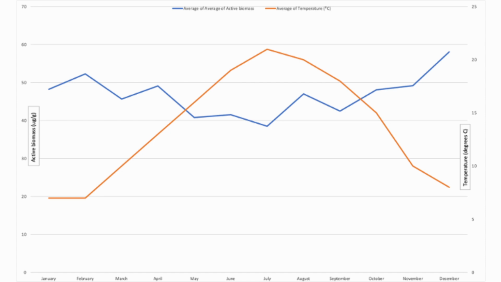It's not necessarily fully representative of the last 4 years over which the active biomass data, the blue line, is taken from. But what it does show is that when temperatures are at their highest in the air, the activity in the soil is at its lowest.